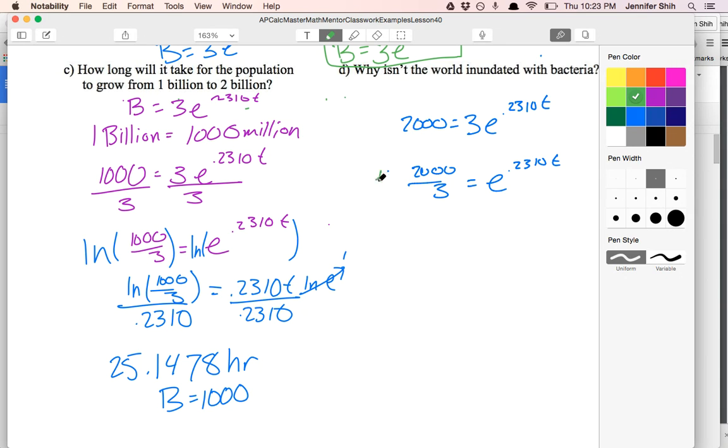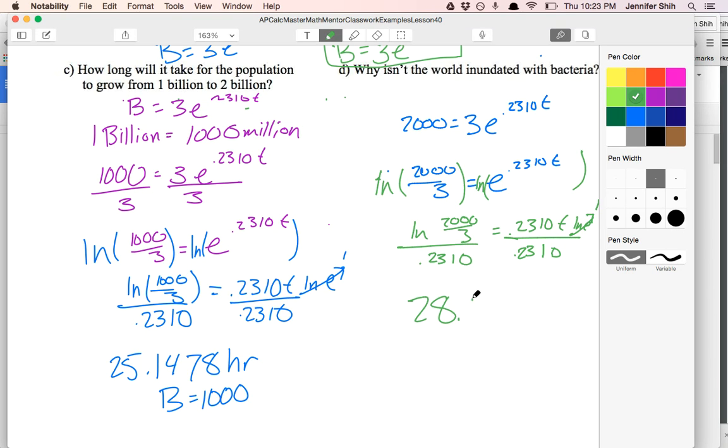And we're going to take the ln of both sides, and we're going to get ln of 2,000 over 3 is equal to 0.2310t ln of e, which is going to go to 1. And then divide both sides by our k value. And then in the end, we're going to get 28.1484 hours.